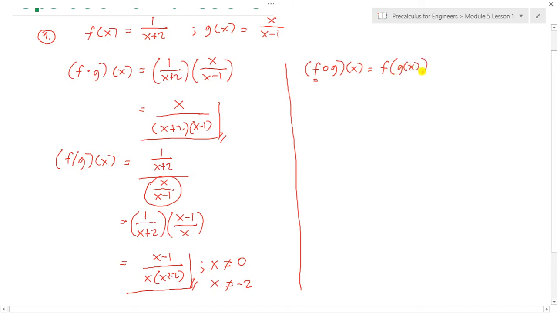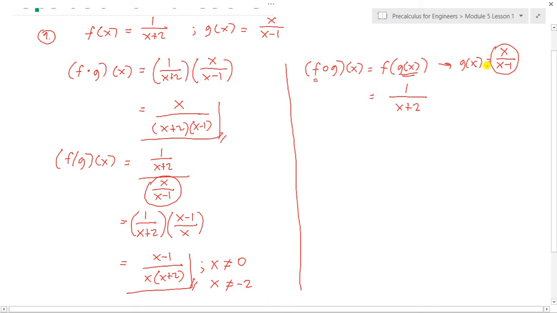It means that the entire g(x) should be substituted for the variable x in our function f. So write your function f. Since our function f is 1 all over x + 2, and g(x) is equal to x all over x - 1.